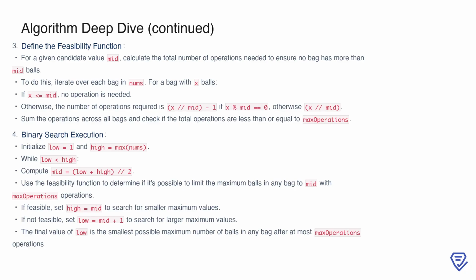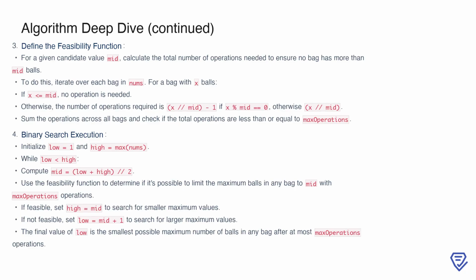However, if a bag contains more than mid balls, we calculate how many operations are needed to split the bag such that no resulting bag exceeds mid. This can be computed as x/mid - 1 if x is divisible by mid, or ⌊x/mid⌋ otherwise. Summing up these operations for all bags gives the total number of operations required for that mid. If the total operations are less than or equal to max operations, the value of mid is feasible.